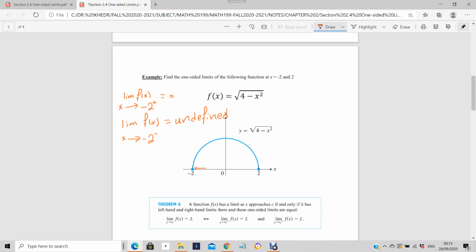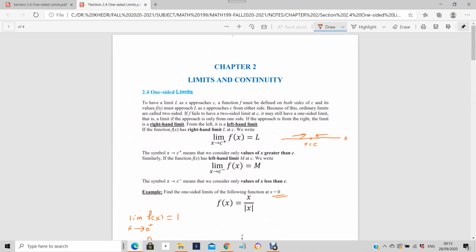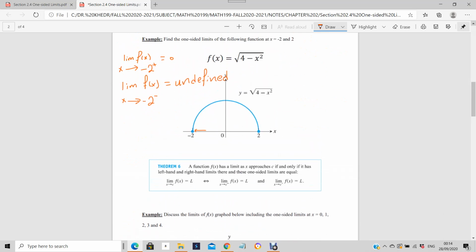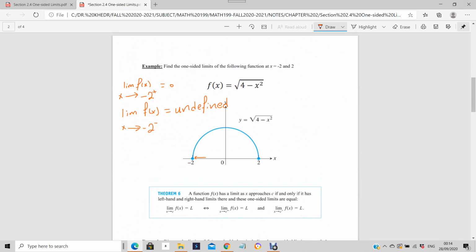If I take you back to the definition above, we said the function will have a limit at x equals c if it's defined on both sides of c. Now, for this example, at x equals minus 2, the function is not defined from both sides. It's defined only if x is greater than minus 2, meaning to the right side of minus 2. But to the left side of minus 2, we don't have any graph here. We don't have any function. So we cannot say there is a limit.